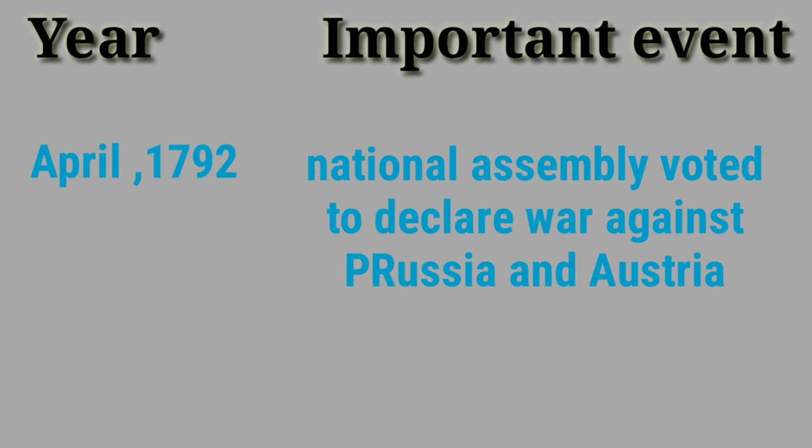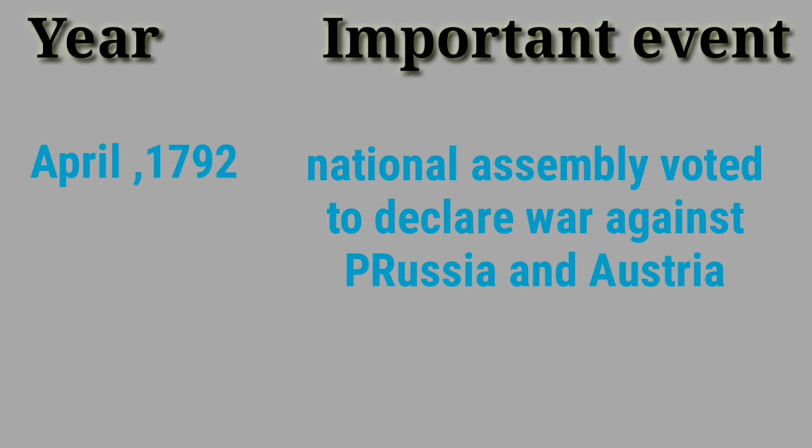Then in April 1792, the National Assembly voted to declare war against Russia and Austria. So let me tell you what happened basically on that date. The power of Louis XVI had decreased too much because of the formation of the National Assembly and the new constitution and all that.